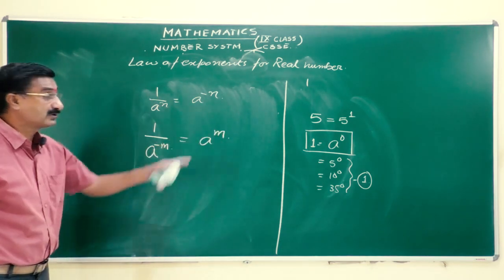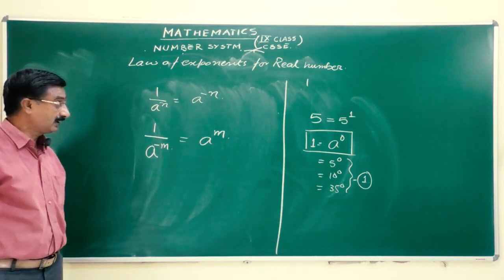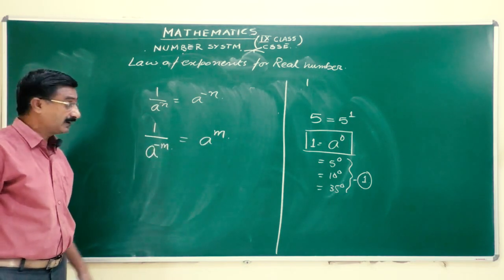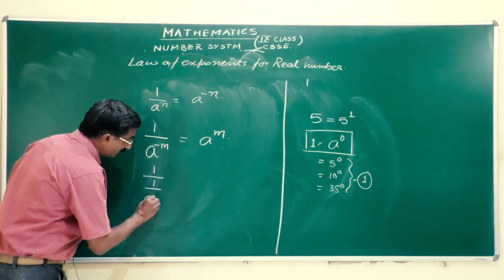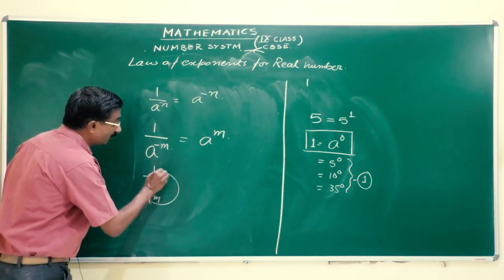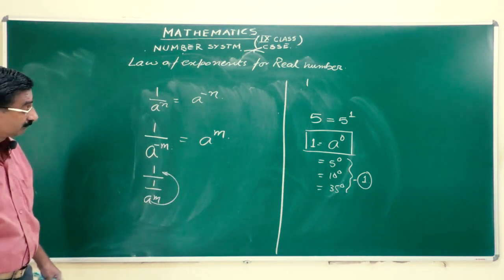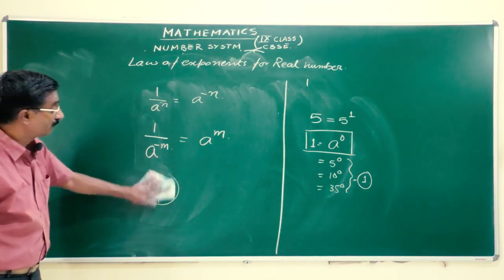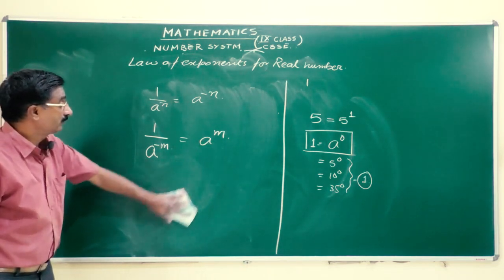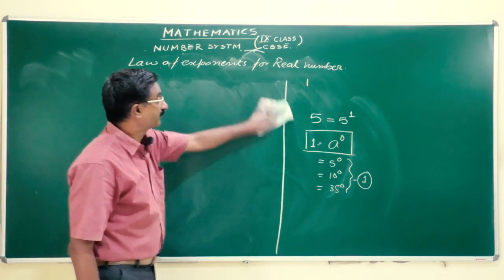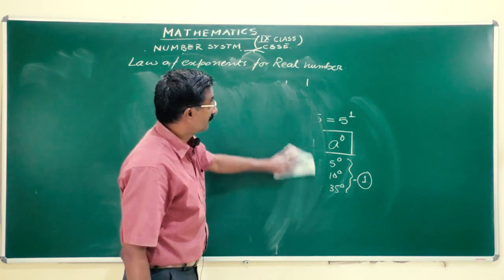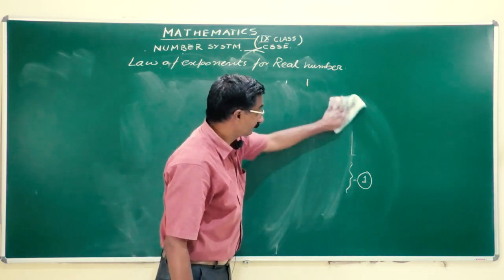So this will become the opposite, positive. Clear? A raised to the power m, because this will be 1 upon a raised to the power m, so this will go up. Okay. So now the basic laws of exponents for real numbers are completed here.